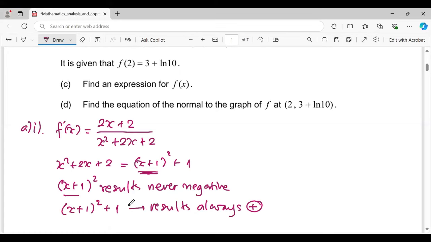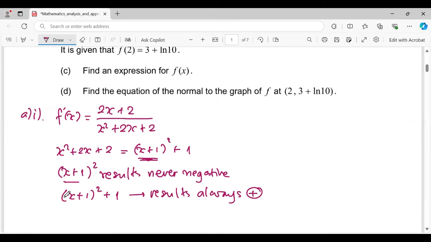So therefore, (x + 1) squared + 1 is always greater than 0. This is our conclusion.